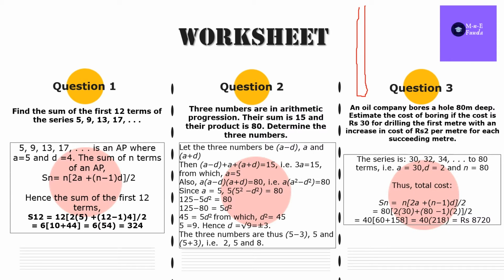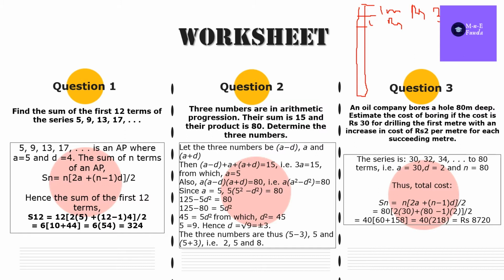Estimate the cost of boring if the cost is rupees 30 for drilling the first meter. So this is the first meter, first 1 meter. Next, the second 1 meter costs rupees 2 more, and the first meter cost is 30.